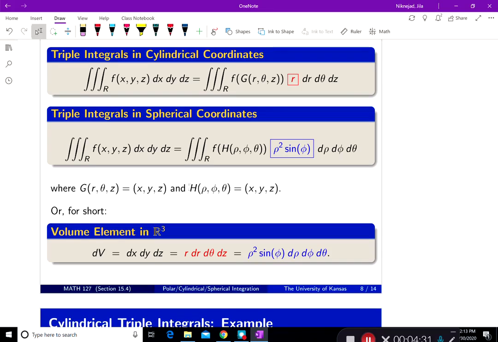Now let's see what triple integrals in cylindrical coordinates look like. If I simplify the way I did it with polar coordinates, you have an integral in xyz three-dimensional space. Then you want to take that back to r, theta, z coordinates. So here you know that you have to switch x, y, and z to whatever they are, basically do the conversion in cylindrical coordinates.